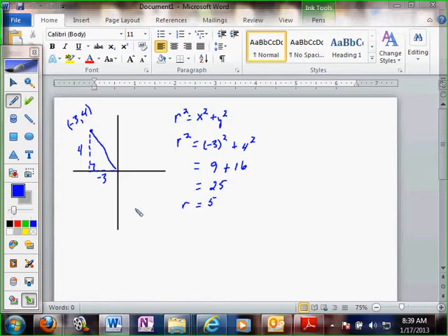Now if I want to find sine, cosine, tangent, cosecant, secant, and cotangent, sine theta is still y over r. Put 5 there, so that's going to give me 4 over 5. Cosecant theta is still the reciprocal of that, so that's 5 over 4.